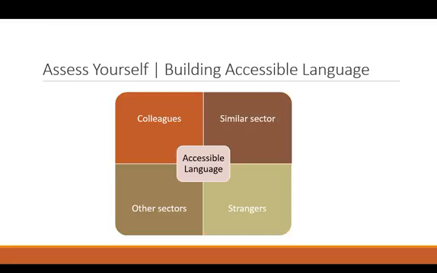So build your accessible language by knowing your audience, knowing who they are, and what it is that they know about you. And so knowing your audience in this way, you may need to make some assumptions. But here are some categories that at least can provide a base for helping to consider different buckets of language within which to craft your accessible language.